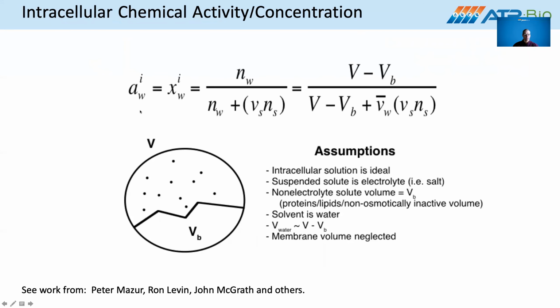So the only thing left here is to talk about the chemical activity inside the cell, which, if we assume it's ideal, is just the mole fraction. And we make all of these assumptions about ideality, and we also recognize that part of the cell is actually what we call non-solvent. It's solids that are not participating in the osmosis or the water movement.